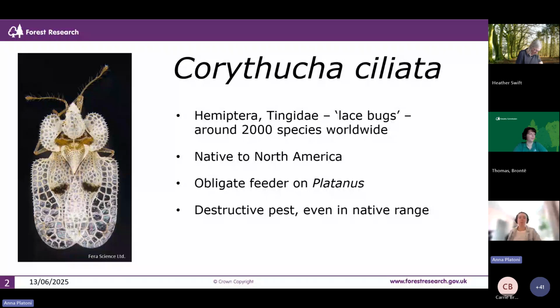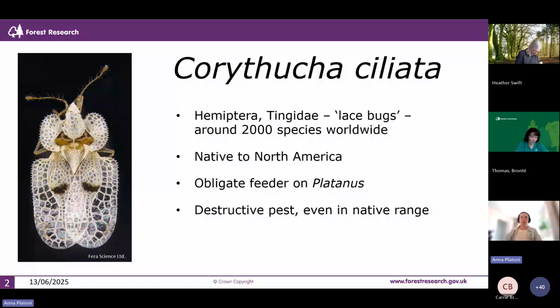This is why we're using platanus lacebug, because that's the most accurate and safest common name, though you will probably hear me say plane lacebug in this presentation, and some of the information we're putting out also refers to it as plane lacebug. To be safe and clear, for the rest of this presentation I'll probably just be calling it PLB.